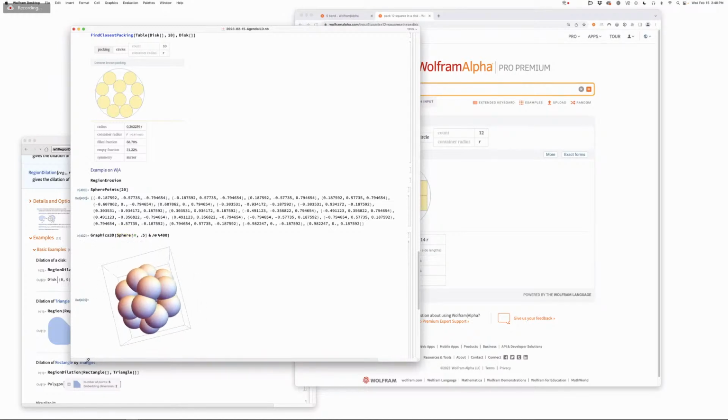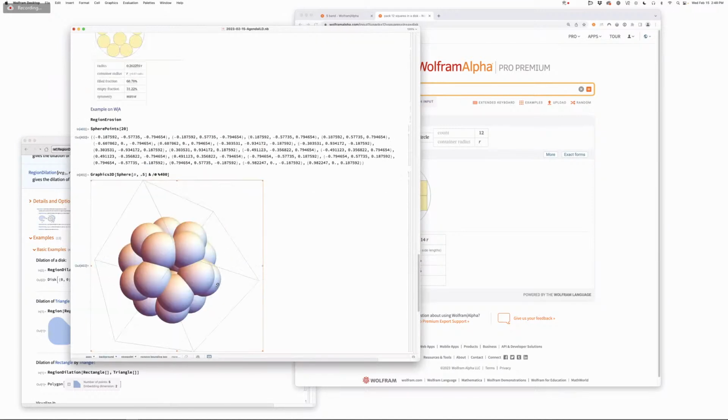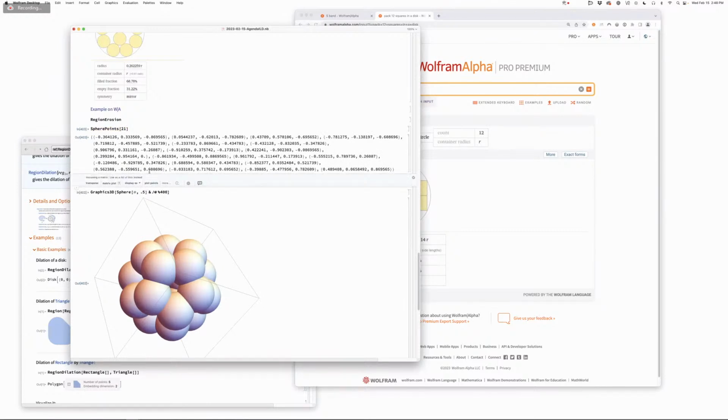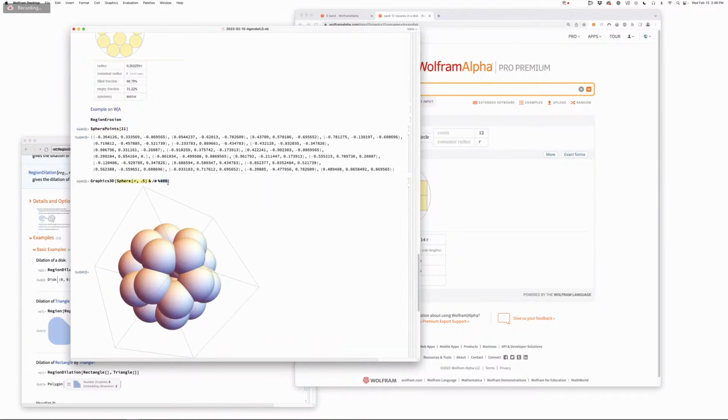Yeah, I mean, so that's cool actually. Oh, look at that. It's an icosahedron. What do you know? Or is it, no, it's a dodecahedron rather. Right. And presumably if I say 21 points, this is a very analogous thing in my view.